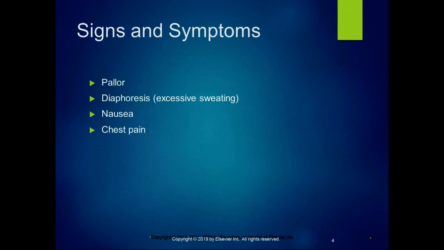So the signs and symptoms of both angina and leading into an MI are pallor, which is paleness, diaphoresis, which is excessive sweating, nausea, and chest pain. So if someone's pale and sweaty and nauseated, that's a bad thing. And then they start having chest pain, that, call 911.